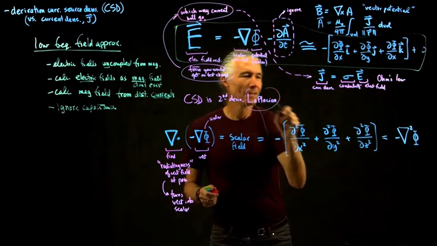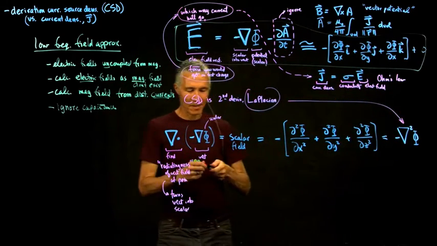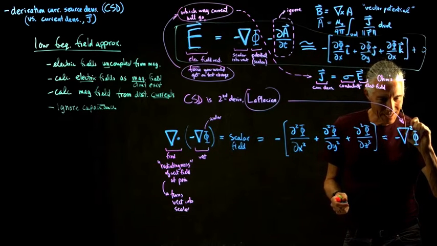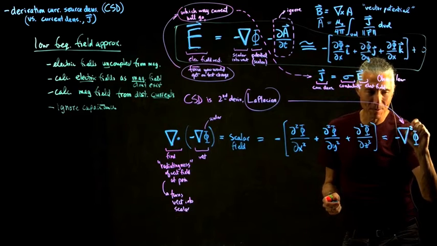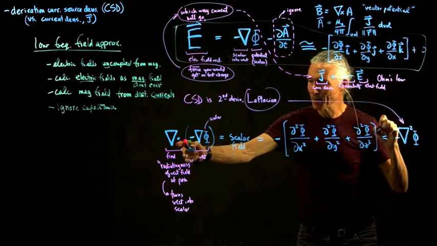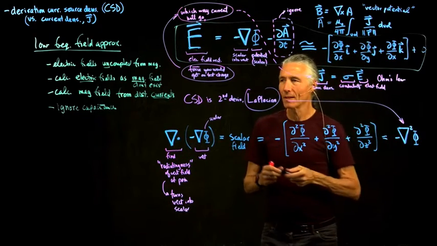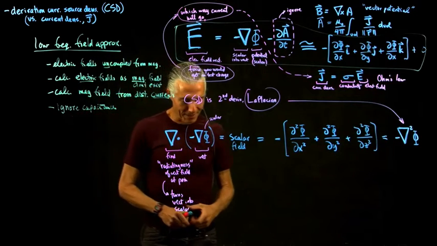It's kind of weird because normally when you see this upside down delta, you figure that should turn things into a vector. But when you square it, when you do the second derivative, because of this operation here, it turns it back into a number. So this thing is just a number, not a vector. And that's the current source density.